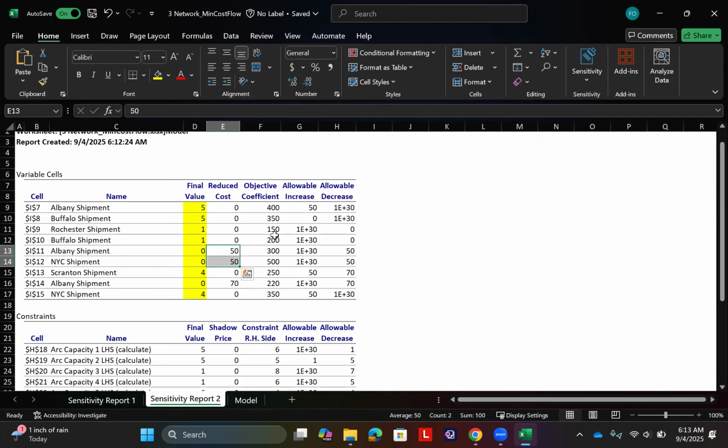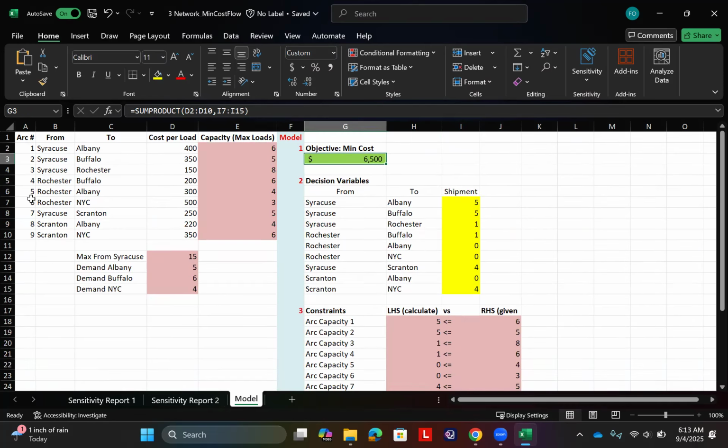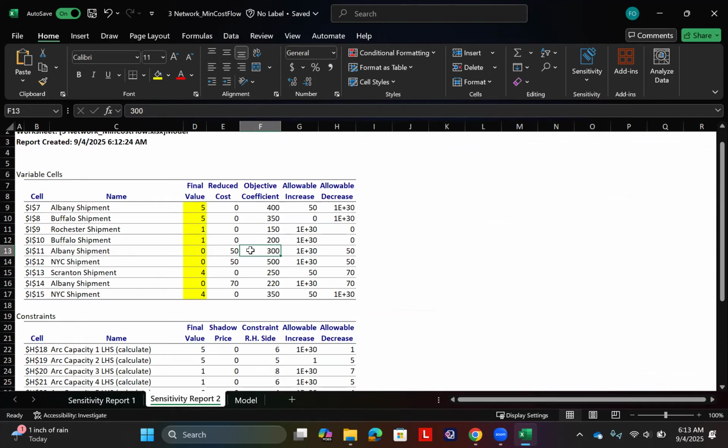What does that mean? Currently, the cost of shipping, this is the arc number 1, 2, 3, 4, 5. If you look at it, 5, which is Rochester, Albany. If I want to use this arc, I need to reduce the cost from 300 to at most 250, meaning that I need to decrease this cost by at least $50 so that I will start sending products from Rochester to Albany.